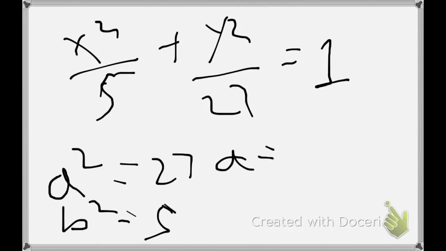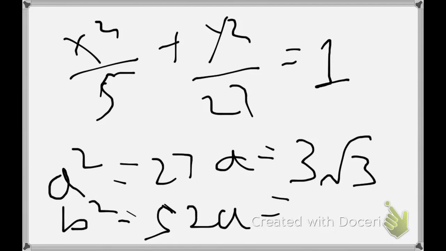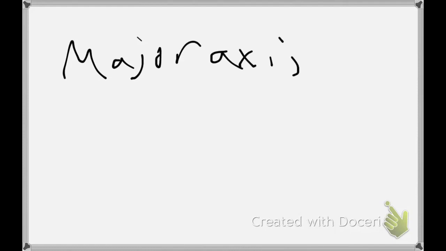So then a is the square root of 27, or 3 root 3. And the length of the major axis, as I said before, is 2a, which equals 6 root 3. So the major axis equals 6 root 3.